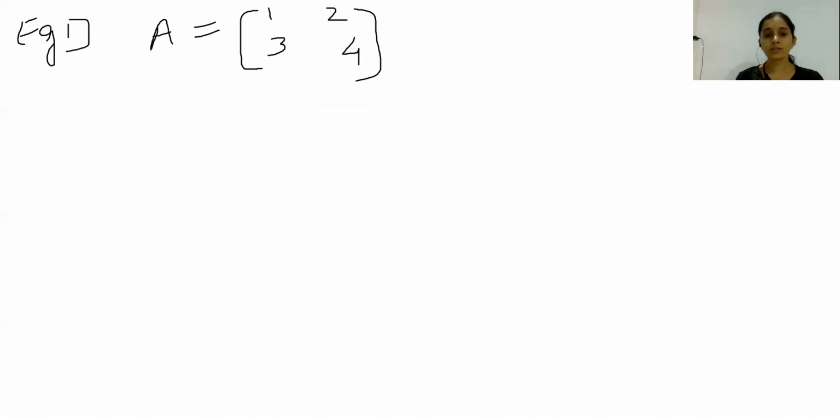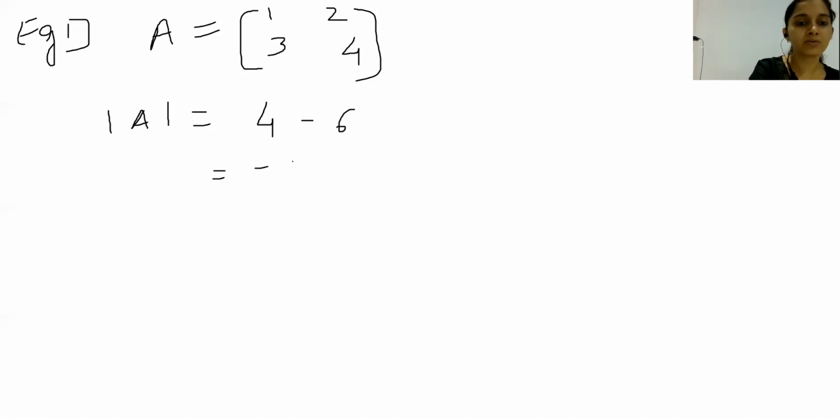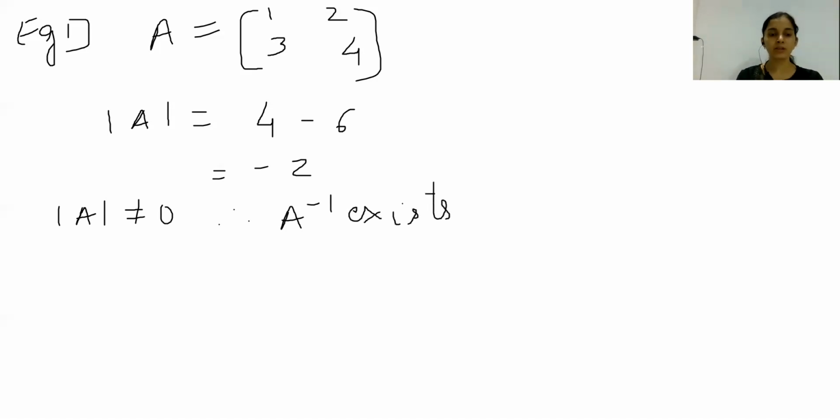What is the first step to check whether the inverse exists? So let us find its determinant value. Determinant will be 4 minus 6, which is equal to minus 2. So determinant of A is not equal to 0. Therefore, A inverse exists. This is an important step whenever you are solving an inverse sum. Find its determinant value. It is required to check whether it is an invertible or not invertible matrix.